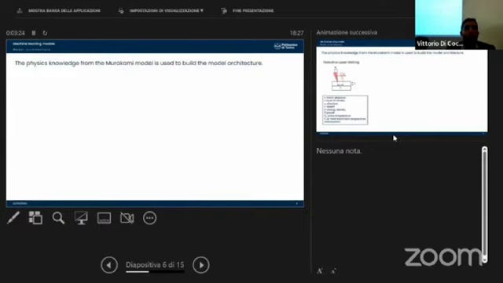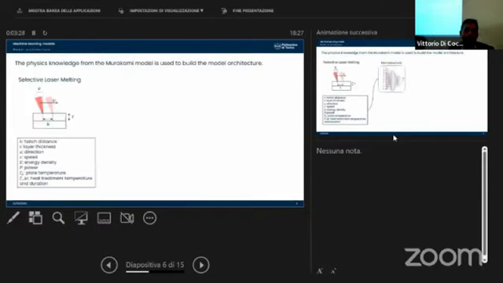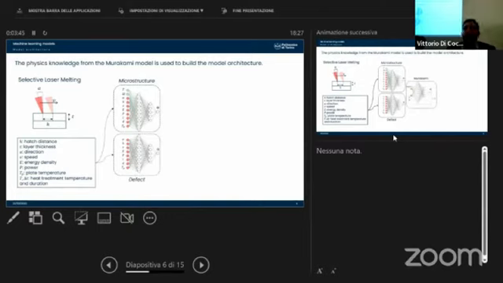The way we did that, we propose a modified architecture of our neural network to use the physics knowledge that we have seen before. Starting from the process parameters of the selective laser melting process, we divide it into two different branches. A first branch predicts a microstructure latent variable, and the second one predicts a defect latent variable.